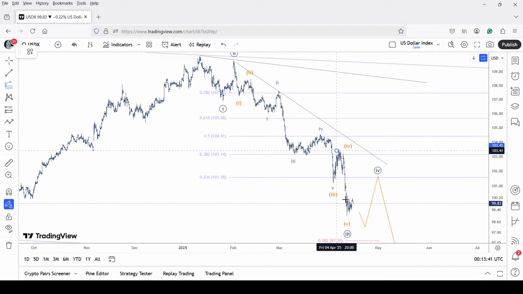Let's see if the sub minute wave 4 is completed. Then I think we might push lower towards 97.50 going forward. So it makes a lot of sense. What I'm going to do right after the session is hit the buy button in euro and the sell button in the dollar index respectively.